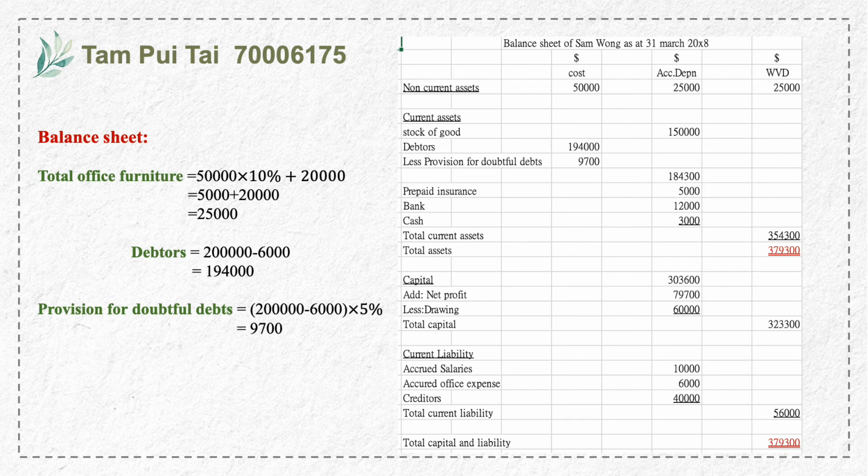So you need to times 5%, so you get the answer 9,700. So we know the total asset is 379,300, and we know the formula asset equals capital plus liability, so the capital plus liability also equals 379,300.